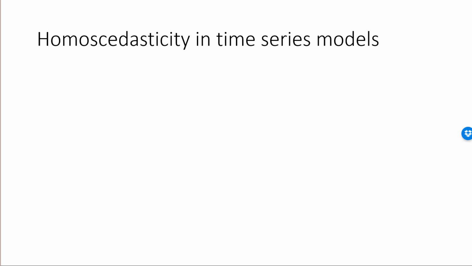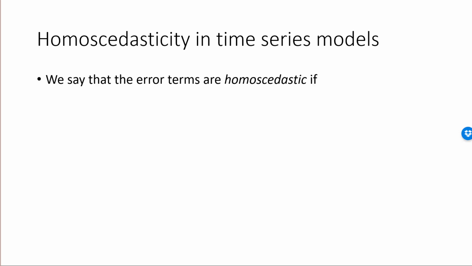Well, for time series models, we say that the error terms are homoscedastic if the variance of epsilon t, conditionally on, now not xt, but all of x, is constant. So given all the x data at all points in time, if the variance of the error term is constant for every point in time, then we say that the data is homoscedastic.